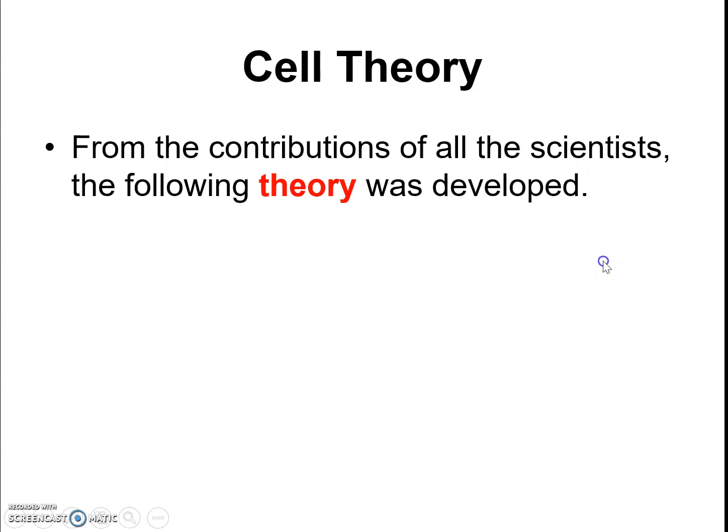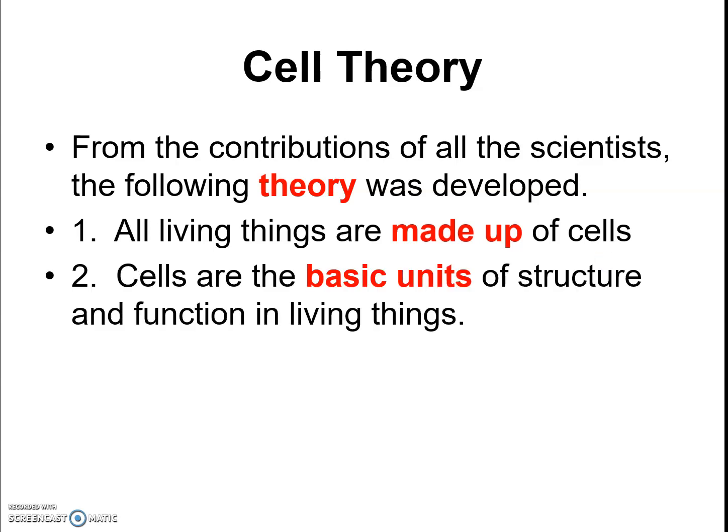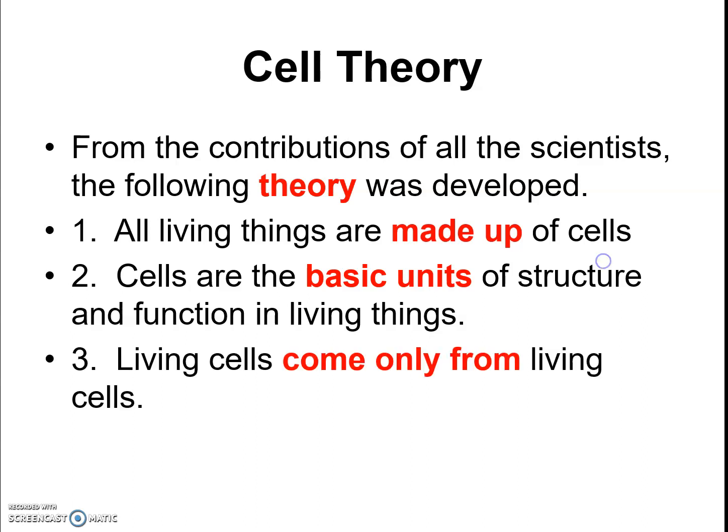From the contributions of all of these gentlemen, a theory was developed, referred to as the cell theory, and it is composed of three parts. First, all living things are made up of cells. They're either composed of many cells or a single cell. Second, cells are the basic unit of structure and function in living things, so the cellular level is where life begins.